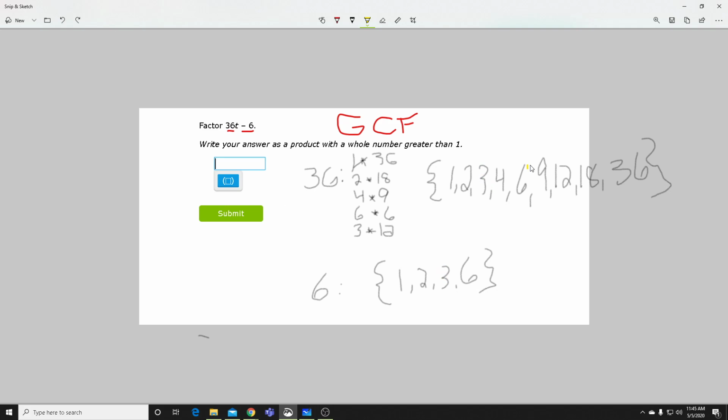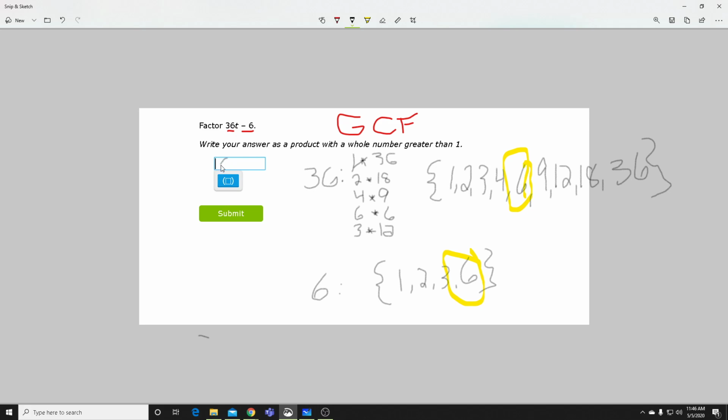There's still one even bigger though. We have a 6 in both sets. It's the biggest number in common, so that's the number we're going to factor out. The other numbers that are in common we call common factors, and you could factor them out as well, but you're not going to get the best answer. The best answer you're going to get is by factoring out the greatest common factor.